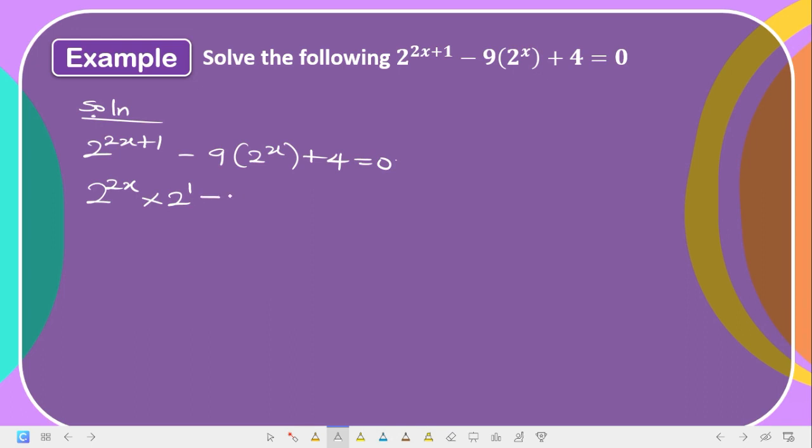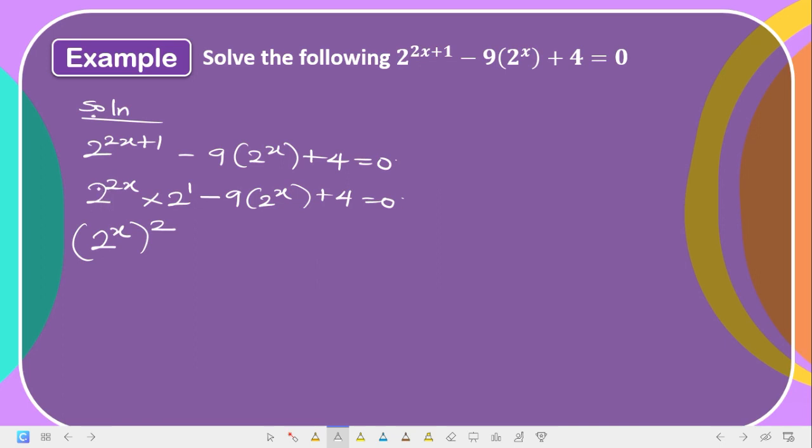Now we have minus 9 bracket 2 raised to the power of x plus 4 is equal to 0. Now the reason why we solve mathematics is to make things easier. Now we can decide to say let this be equal to 2 raised to the power of x, then square it, because 2 times x will give us 2x, which is still the same thing with what we have here.